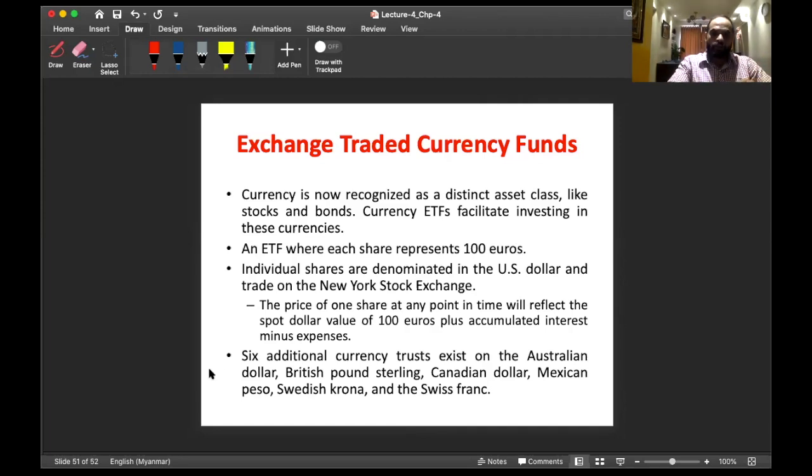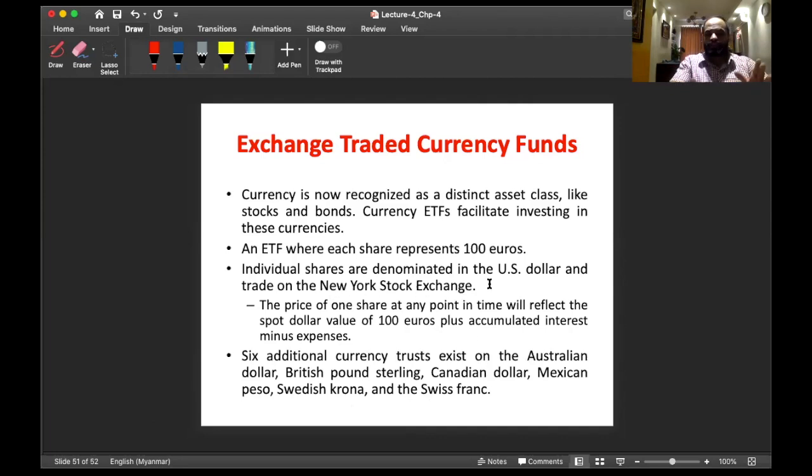For example, six additional currency trusts exist on the Australian dollar, British pound, Canadian dollar, Mexican peso, Swedish krona, and Swiss franc. For these currencies, you can buy ETFs from the New York Stock Exchange.